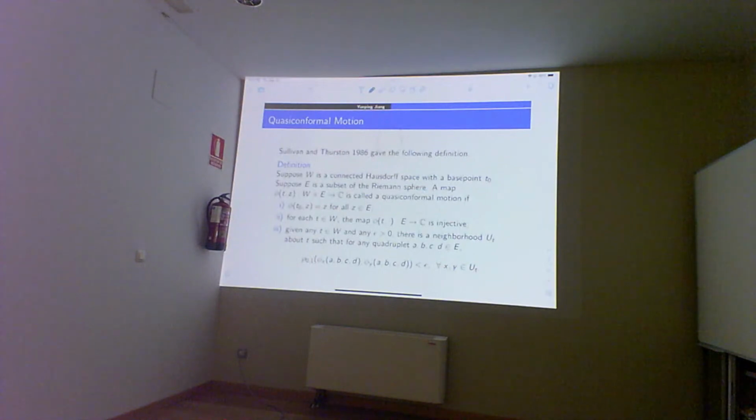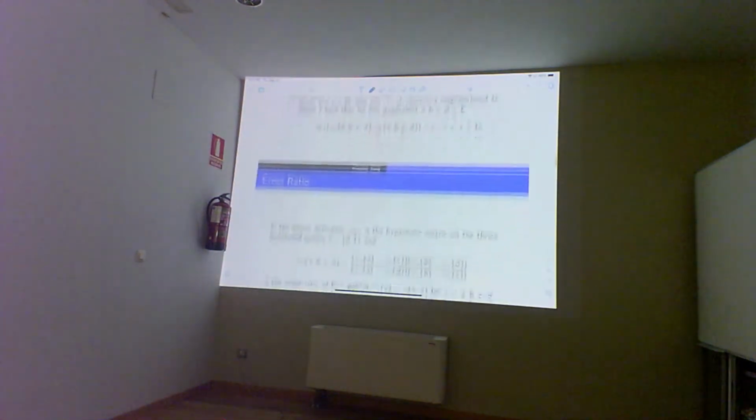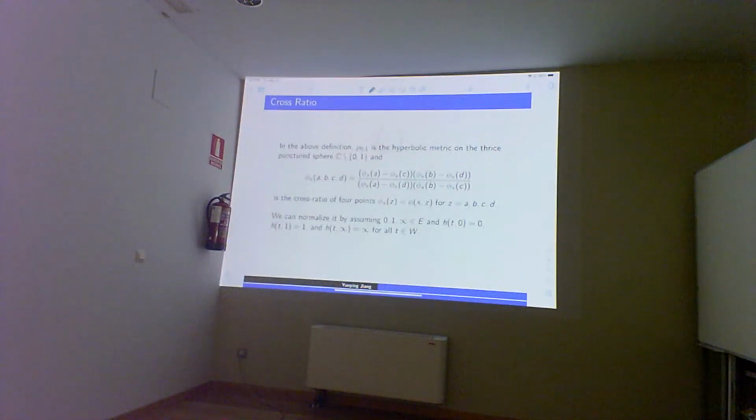So now here is the definition: rho is the so-called hyperbolic metric on the twice punctured sphere, and phi of a, b, c, d means the cross ratio of these four points. Also, you can normalize it by assuming 0, 1, infinity are in E, and 0, 1, infinity are fixed by the motion.